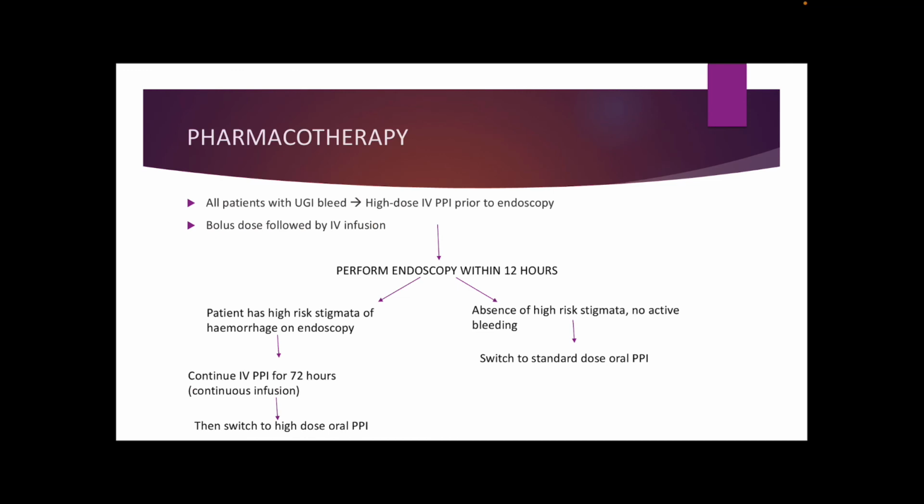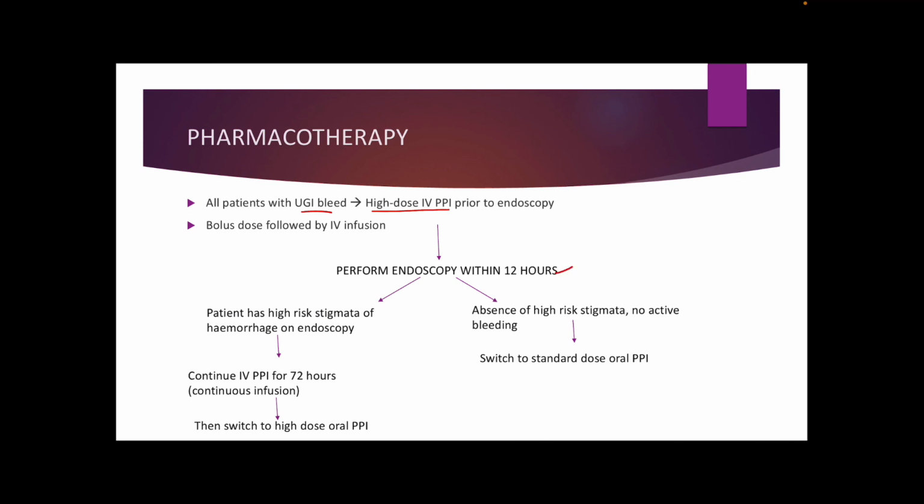Now coming to the management of a bleeding peptic ulcer, starting off with pharmacotherapy, all patients with UGI bleed should be started on high dose IV proton pump inhibitor before endoscopy. So what we do is we first give a bolus dose that will be followed by an IV infusion. Then we perform endoscopy within 12 hours.